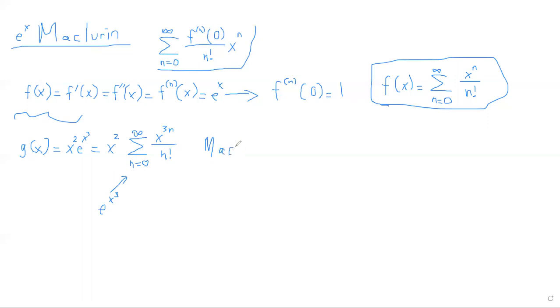And the Maclaurin series for g of x is equal to, just plug it in here like this. n equals 0 to infinity of x to the power of 3n plus 2 over n factorial.